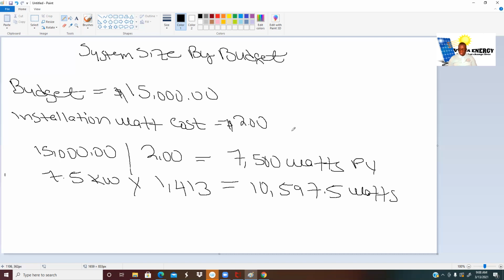So your system size will be 10.6, because after the 5, the next is the tenth place.